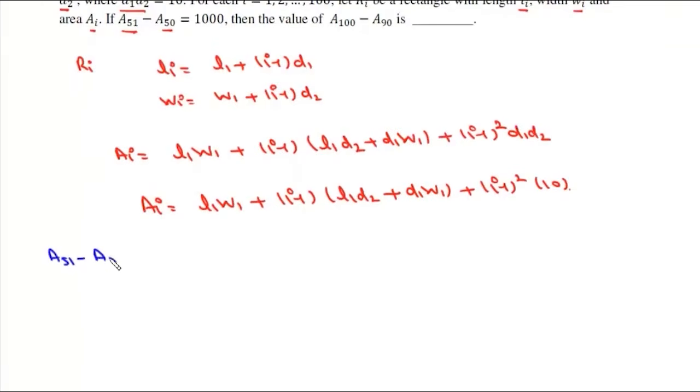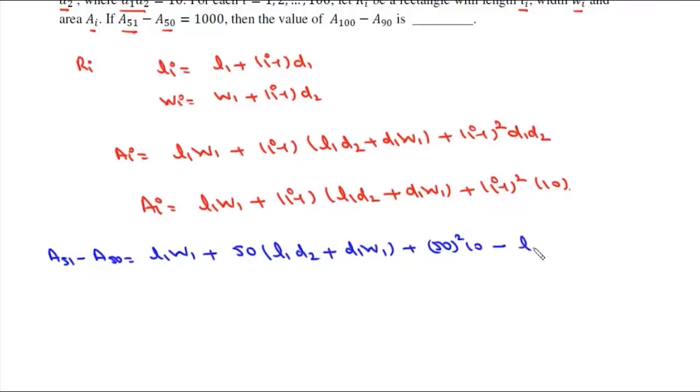For A51 we'll put i as 51, so it will be this L1 W1 plus 50 L1 D2 plus D1 W1 plus 50 square into 10 and then minus A50.